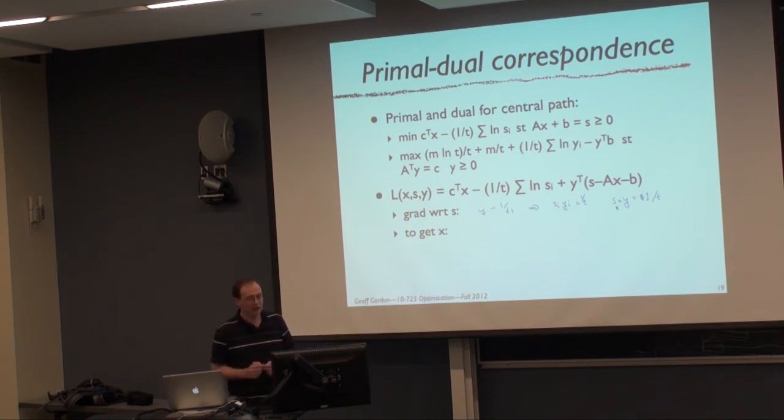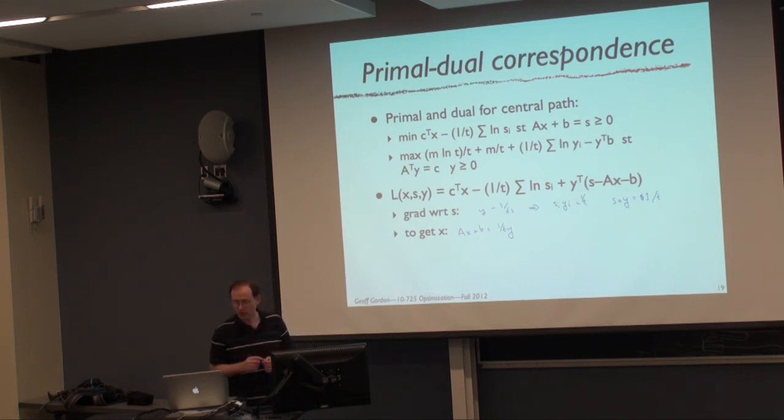So from multiple different routes, we can get x just by Ax plus b equals 1 over ty, right? So that's the multiple routes to get a primal feasible point, a primal central path point, from the dual central path point once we've satisfied the KKT conditions.